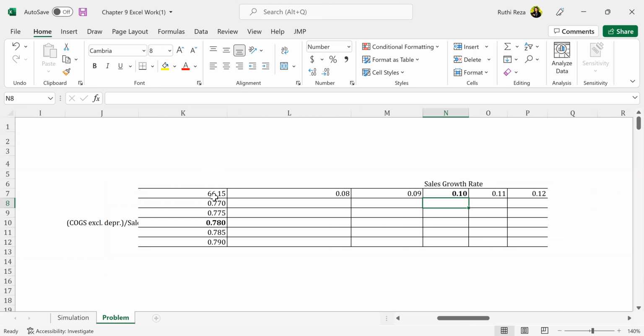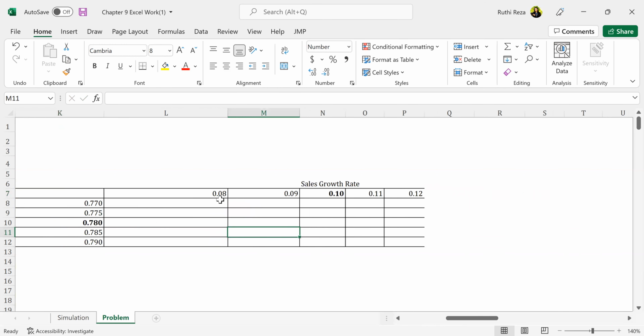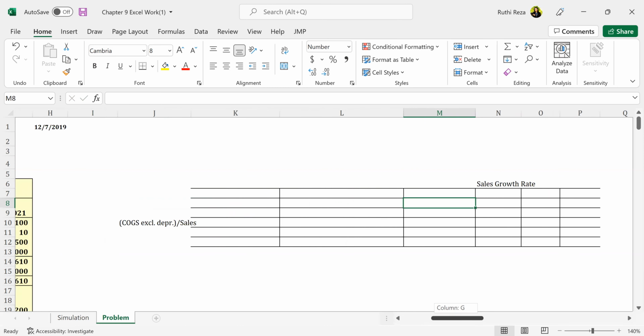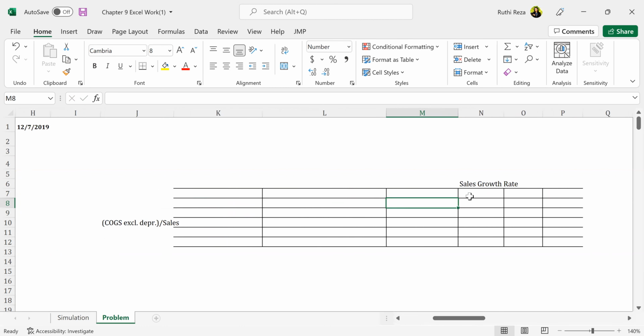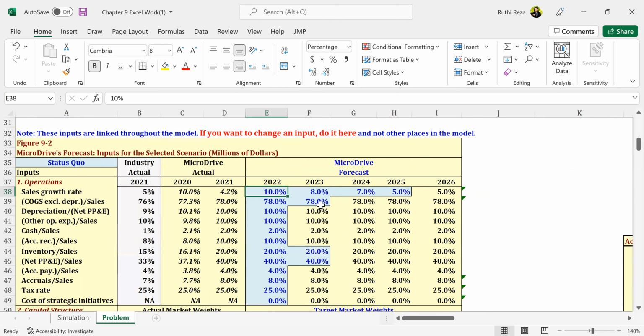So the way we actually do it is this, and remember, you can do it for anything you want. So here, I want to see the sensitivity of net income to sales growth rate and cost of goods sold as percentage of sales. So what I'm going to do first, I'm going to copy this sales growth rate I actually used in my assumption, which is 10%.